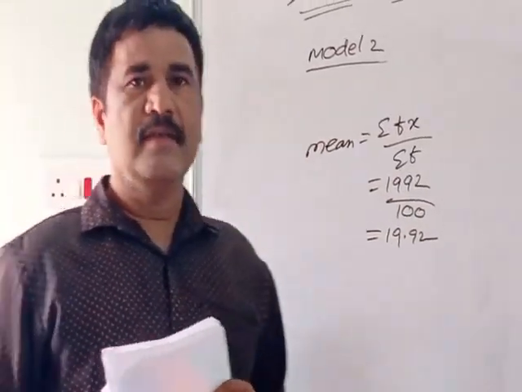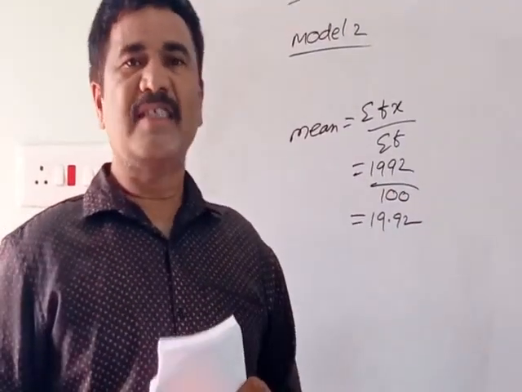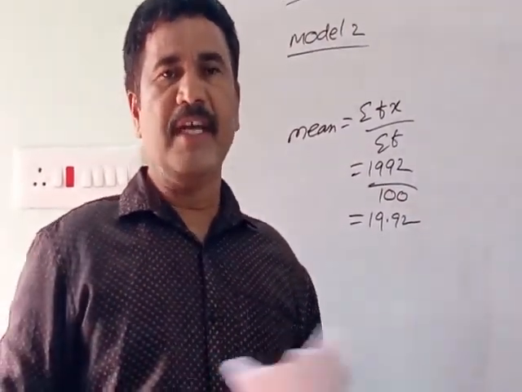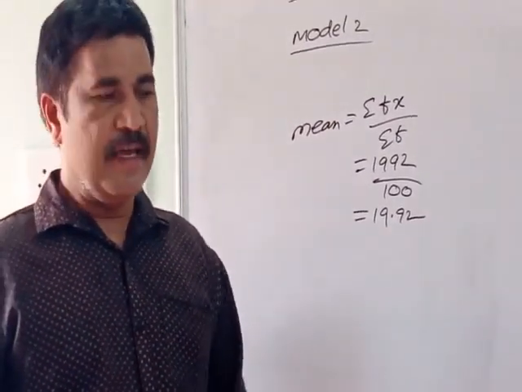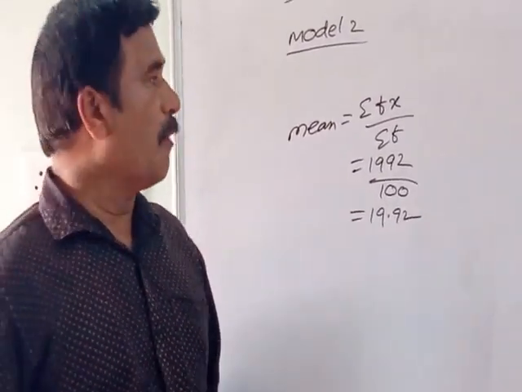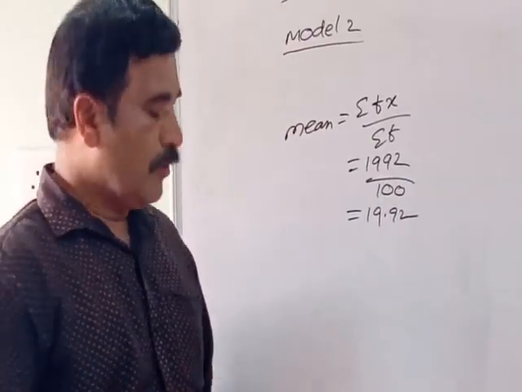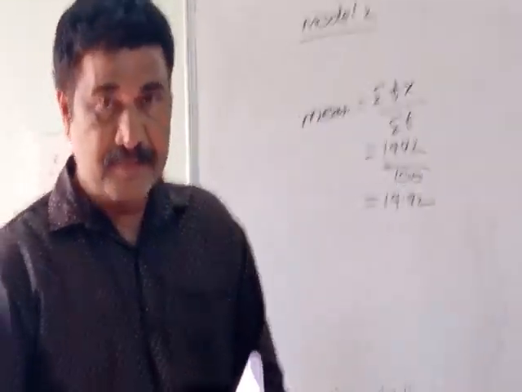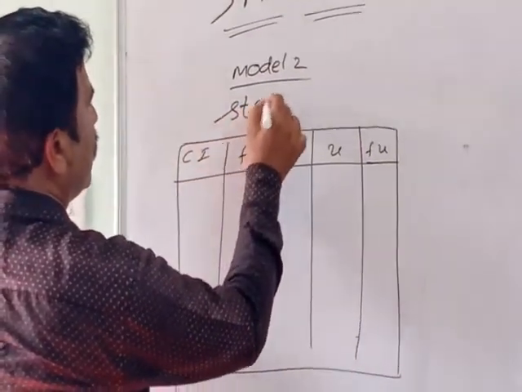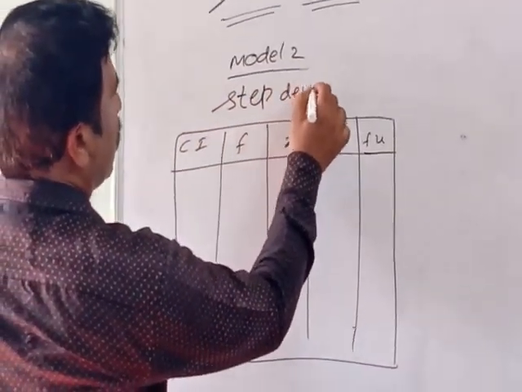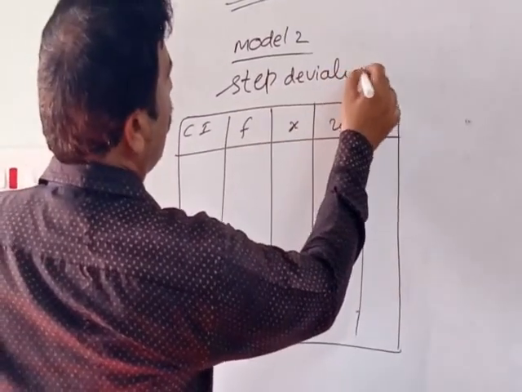Next is deviation and step deviation. Deviation is not that important. Step deviation has been coming in many years. It is an important problem. I'll tell you the step deviation method.